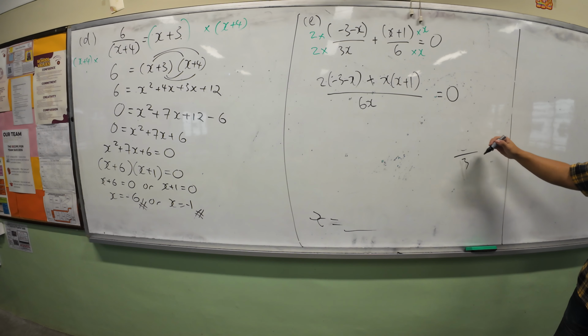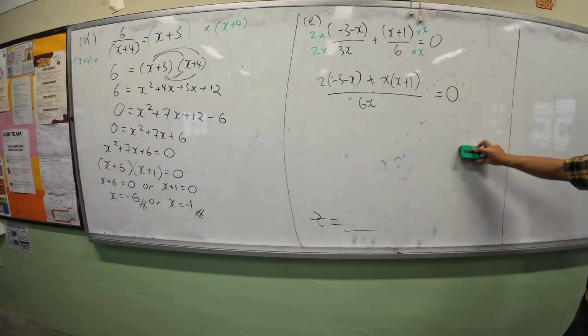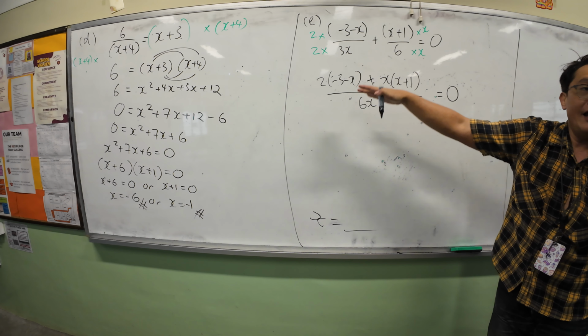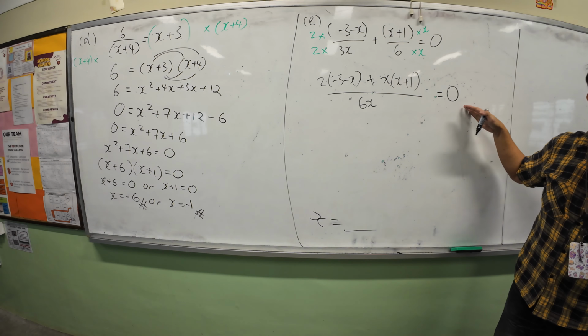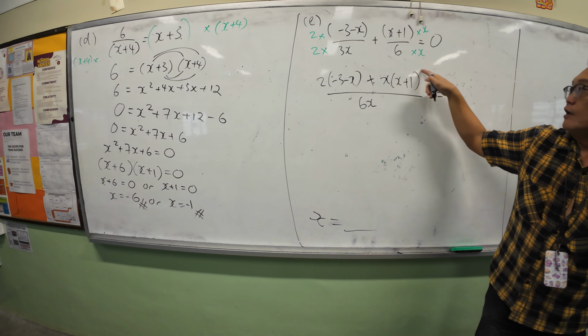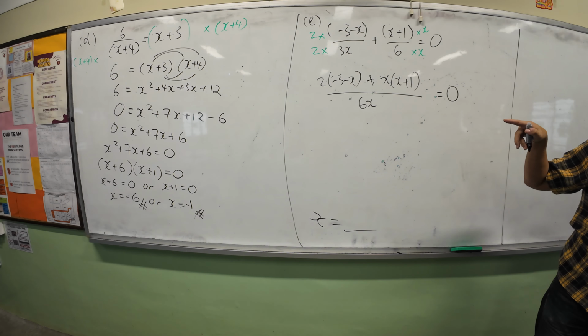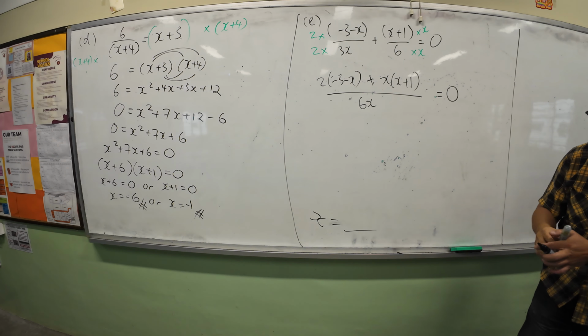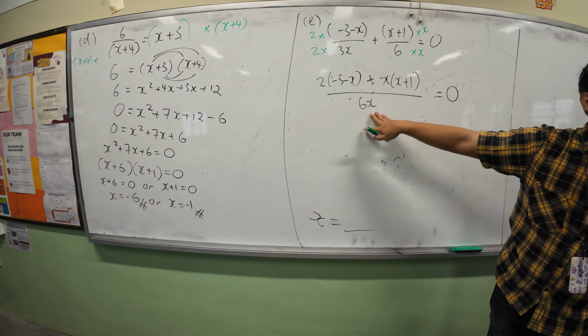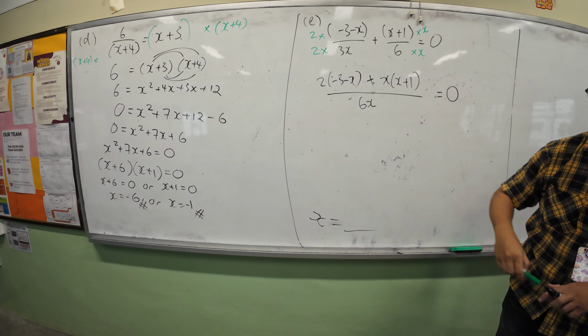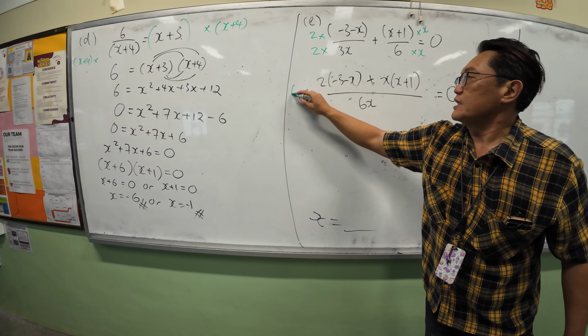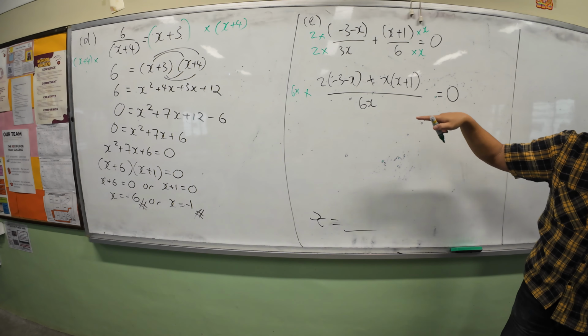So when I have this fraction equals to 0, the only way to make the left hand side become 0 is when the numerator is 0. Or another way to think about it is, I don't want the denominator. So I want to multiply 6x to cancel it away.